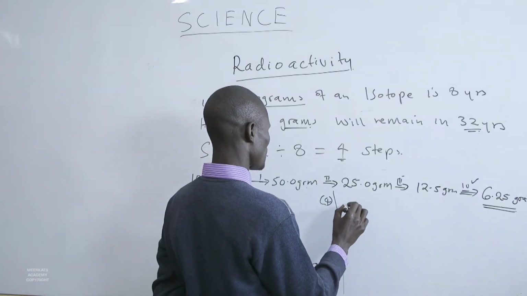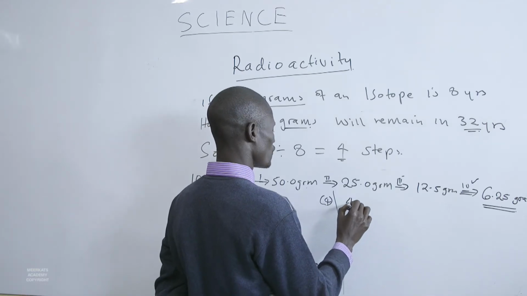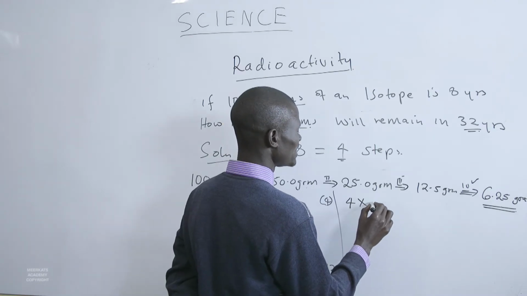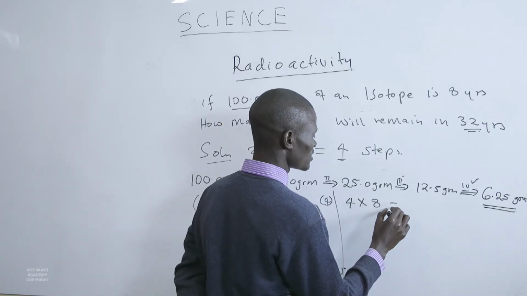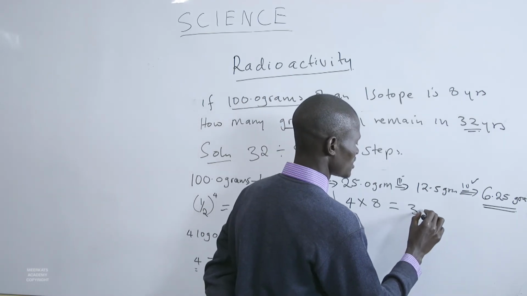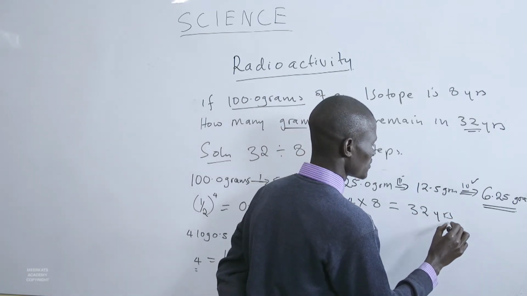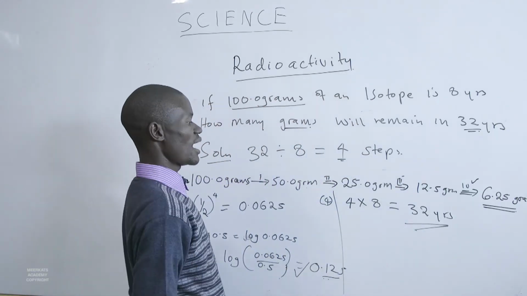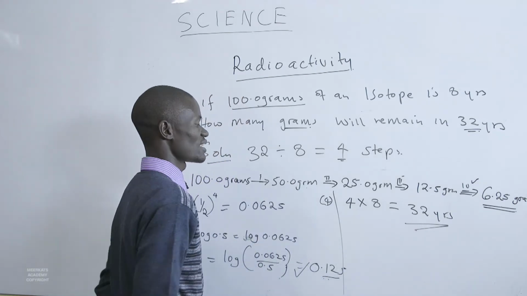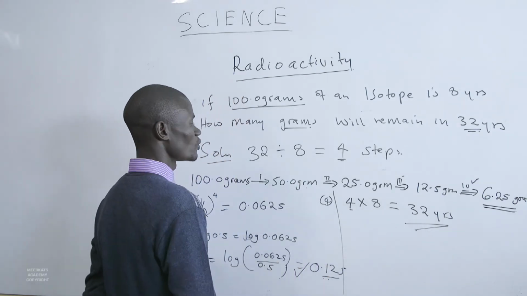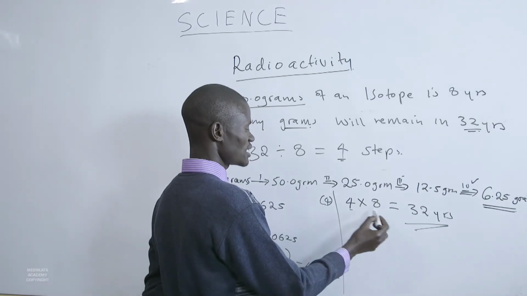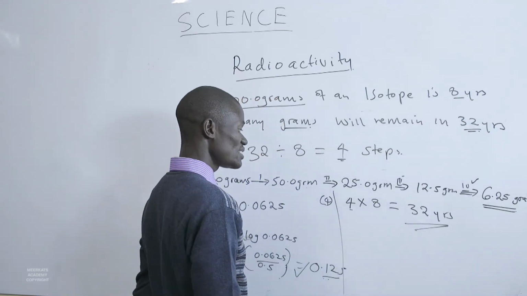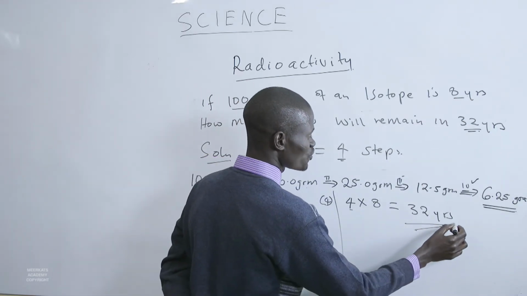Therefore, it becomes 4 multiplied by the initial 8, which will give us 32 years. Therefore, the same has proven it. How long will it take? You will have to take this 4, which is our initial stages, the 4 steps that the isotope has undergone, taking 8 years each.